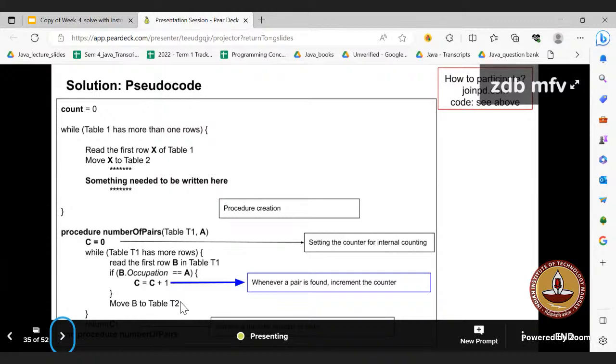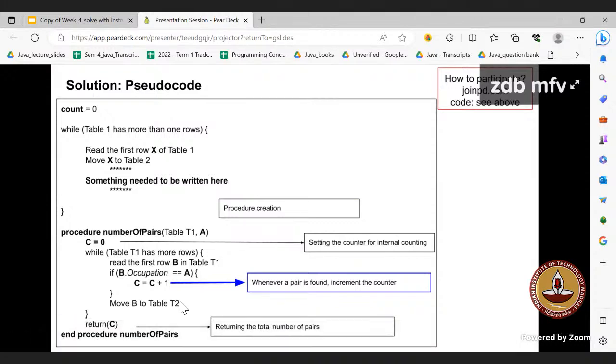The logic here is, you have started with count equal to 0 to count the number of pairs that have the same occupation. Then you are iterating over the cards. So you will see the first card, store all the information of your first card in the card X, and then move that card to table 2, and pass the remaining table to the procedure.